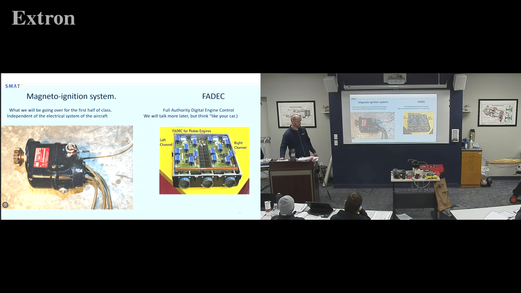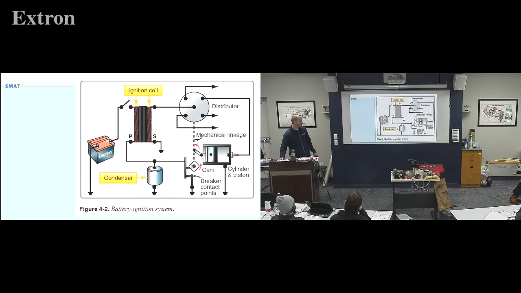Yeah, on your previous slide, there was a condenser in that. What does that mean? We will cover that in a later class. If you notice the condenser is in parallel with the breaker points, some people will say it amplifies the spark, and I will kind of cover that later.